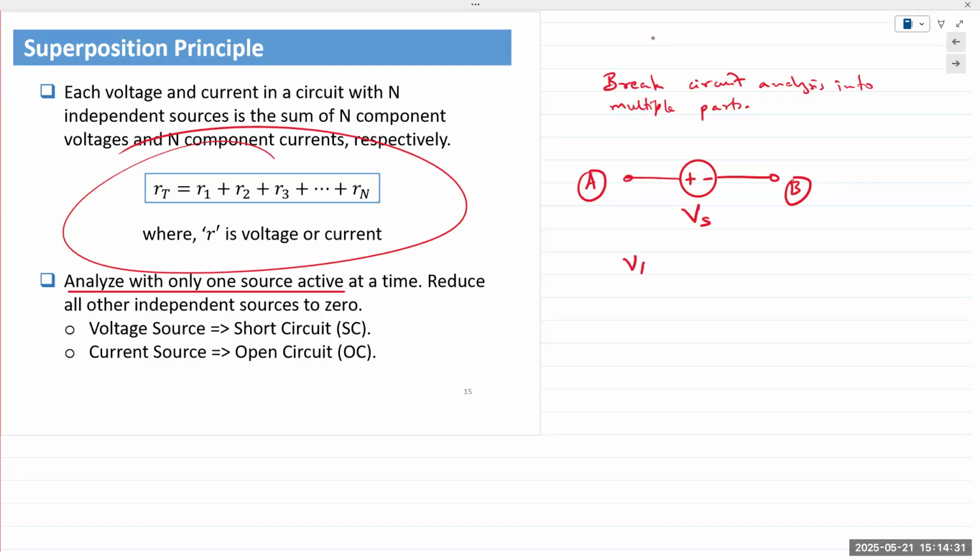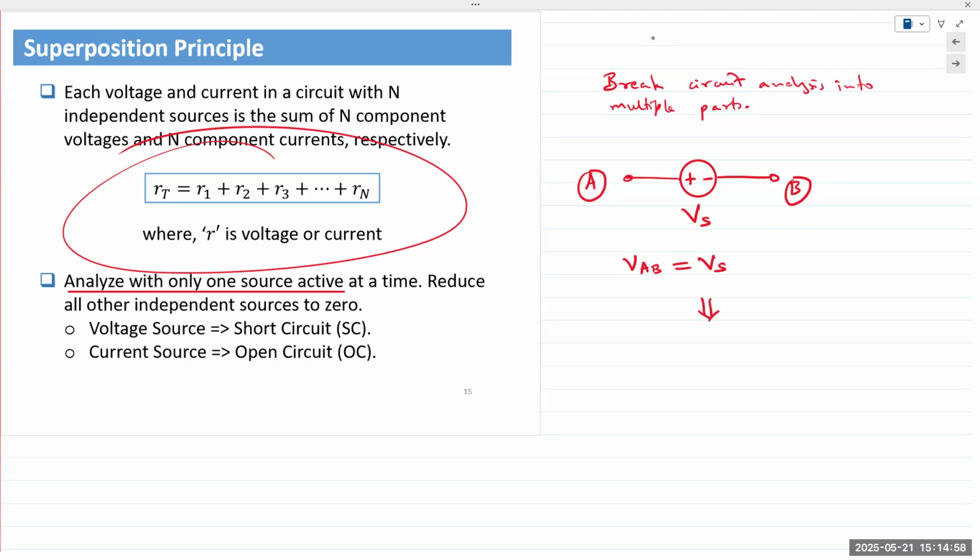Meaning VAB will always be equal to Vs. If we wish to reduce Vs to zero, it means that both VA and VB are the exact same potential. So the only way to do that is if both VA and VB were connected together.